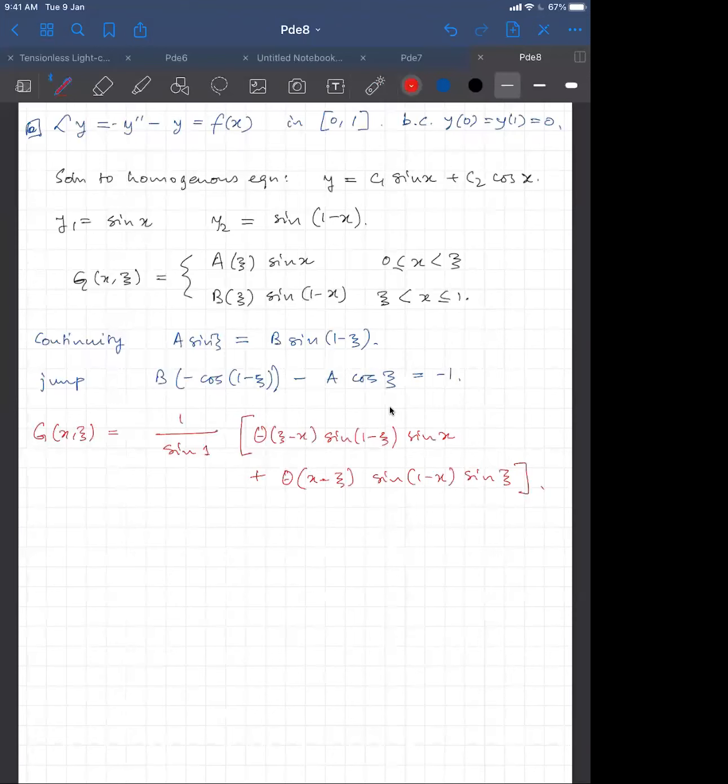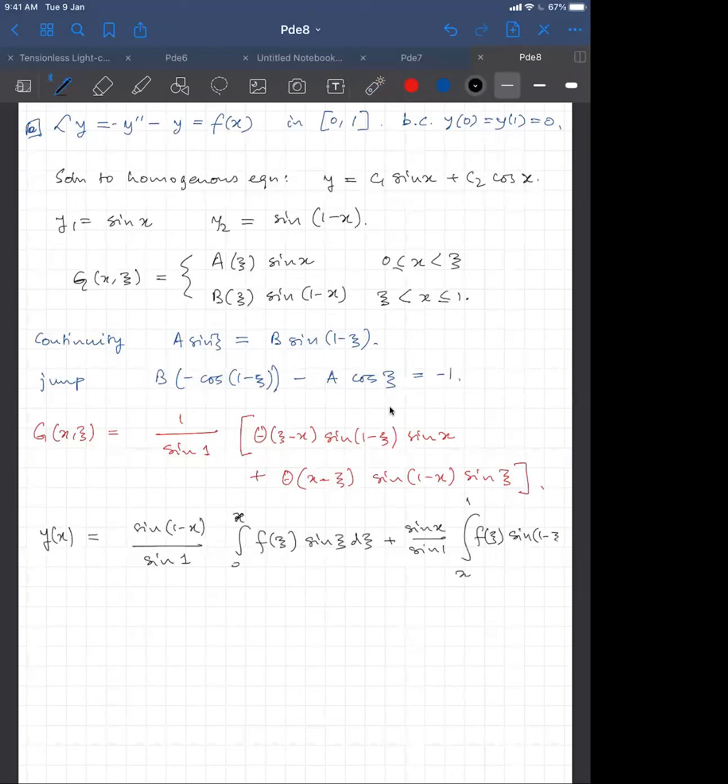So the complete solution to the equation that we have here, with y(0) and y(1) being equal to 0, is then given by the following. y of x is equal to sine of 1 minus x over sine 1 times the integral 0 to x of f of psi sine psi d psi, plus sine of x over sine 1 times the integral x to 1 of f of psi sine of 1 minus psi d psi.